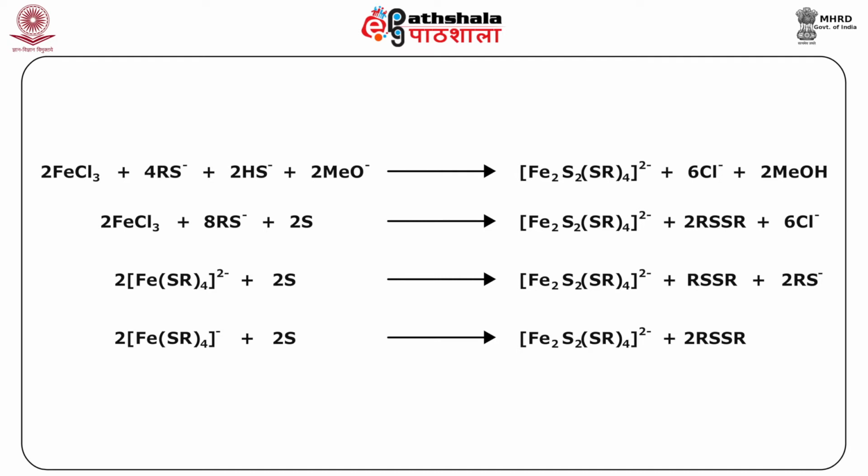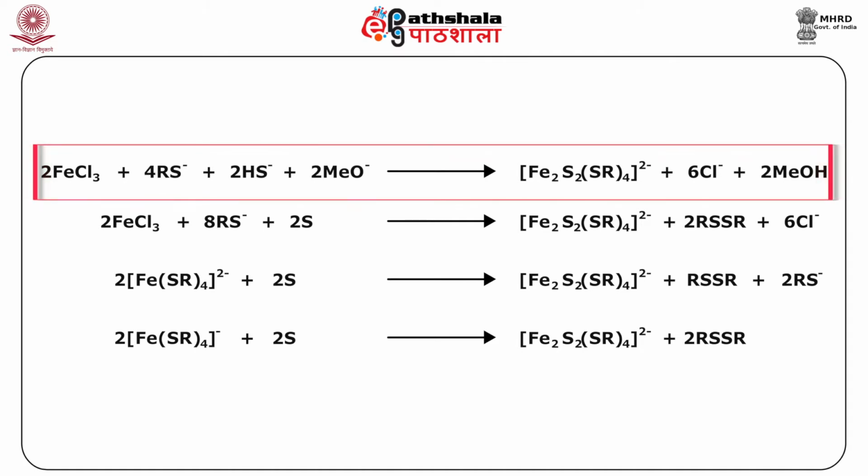What you can do is take 2FeCl3, react with 4S minus plus 2RS minus plus 2MeO minus, and you obtain Fe2S2(SR)4 2 minus plus 6Cl minus plus 2 molecules of methanol.